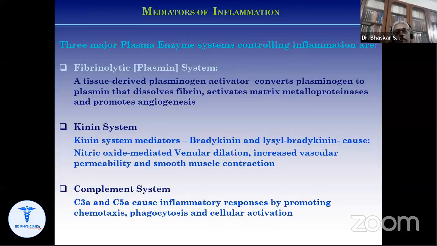Once the first one, like C1q, is activated, it activates C2, C3, and then C4, C5, and so on till C9. At each step of these activations, the response is amplified.